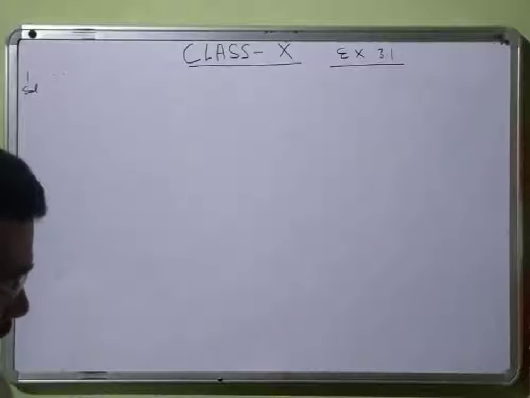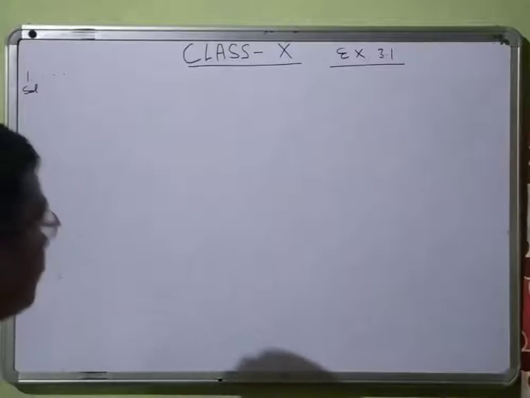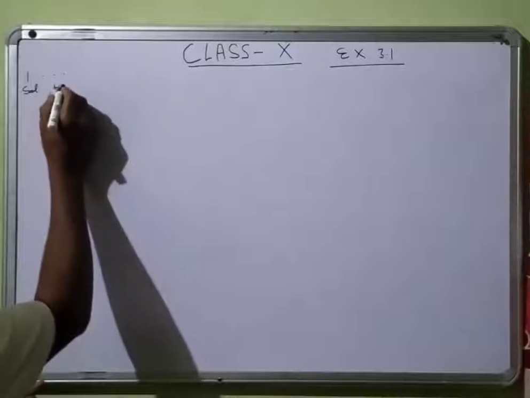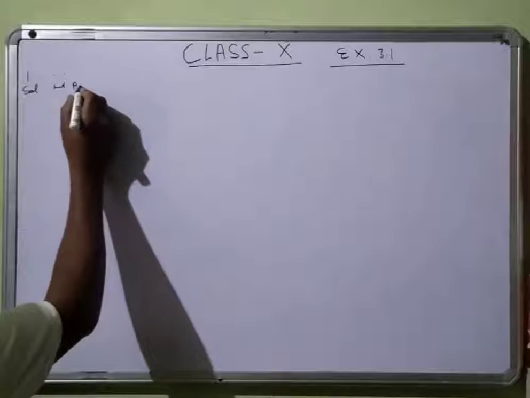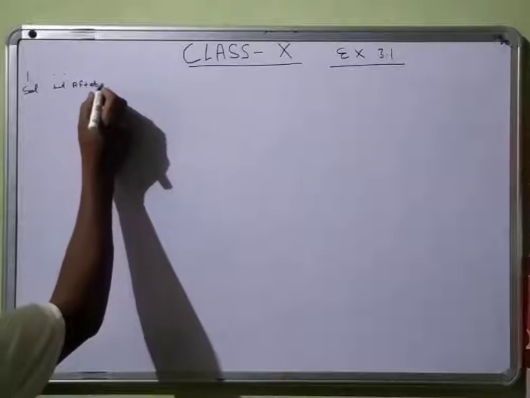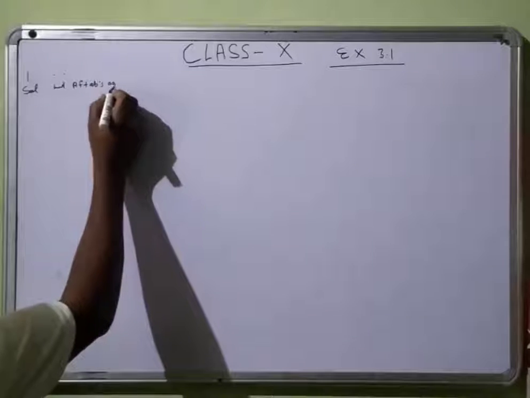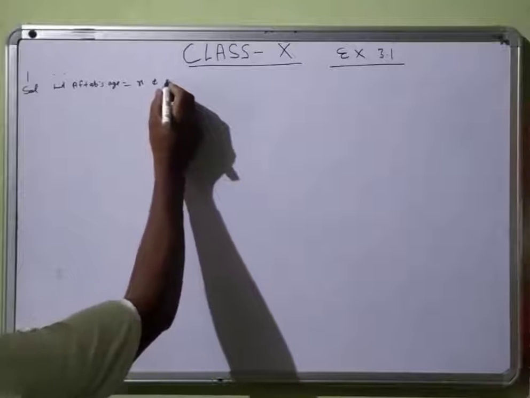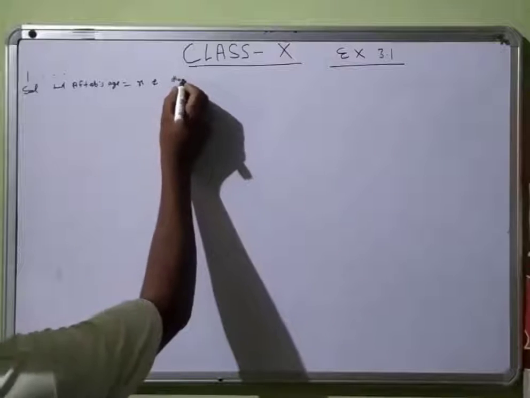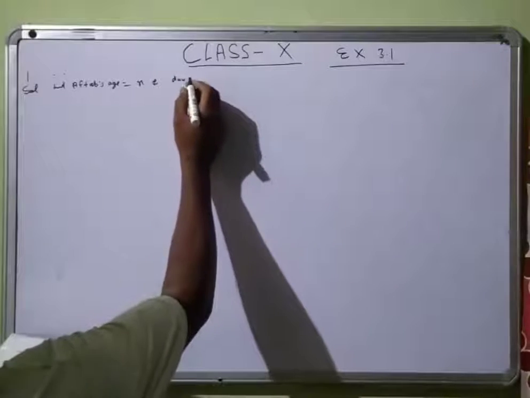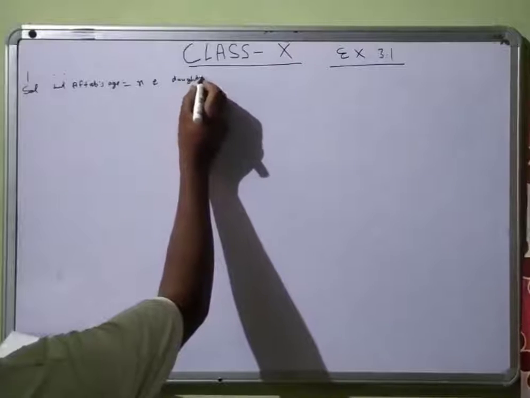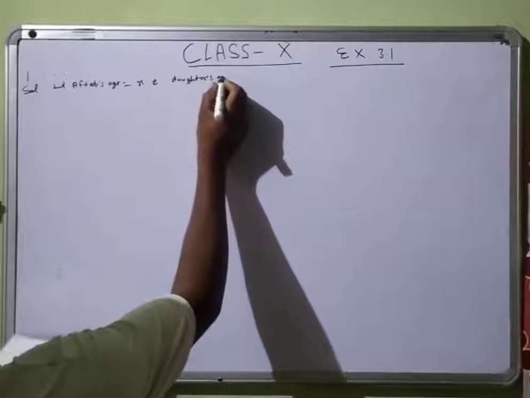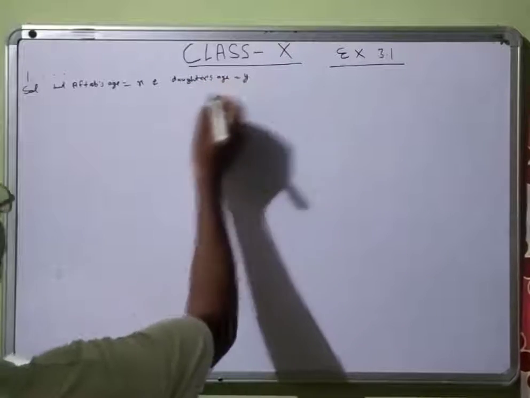So, let Aftab's age be equal to x and daughter's age be equal to y.